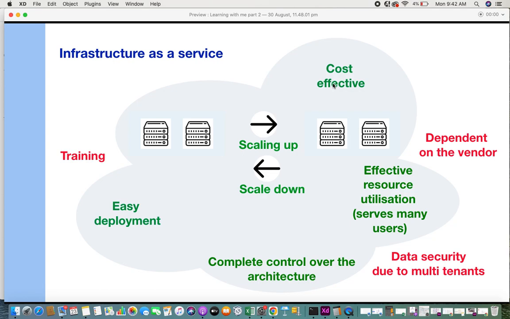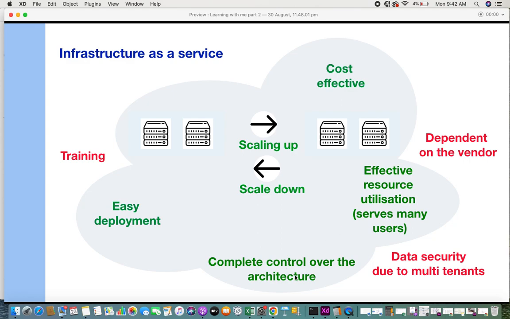Also there is easy deployment. You just request the infrastructure resource you need and it gets deployed. Also there is effective resource utilization. On the vendor side, the resources are utilized effectively in the sense that a server can be used by multiple users as and when they like.